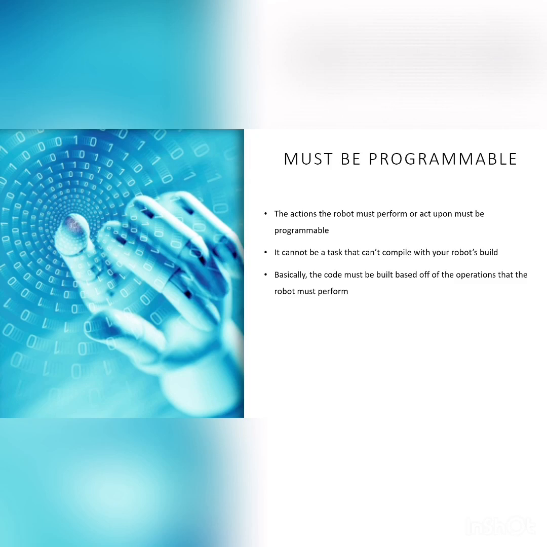A Roomba is only dedicated to cleaning. It doesn't have the rocket, the tools, everything it needs to go to Mars. So it must be programmable, and it cannot be a task that can't compile with the robot's build. Basically, the code must be built based off of the operations that the robot must and can perform.